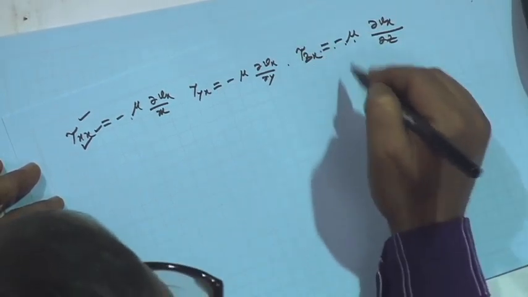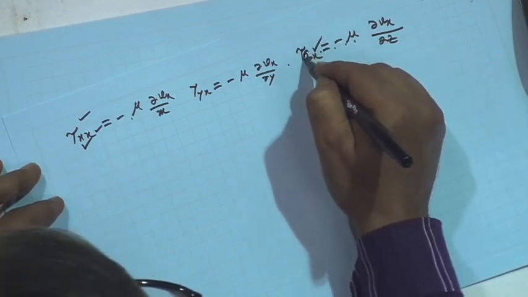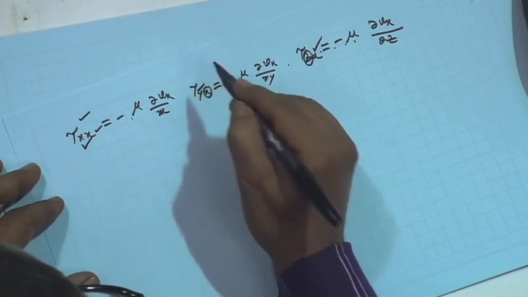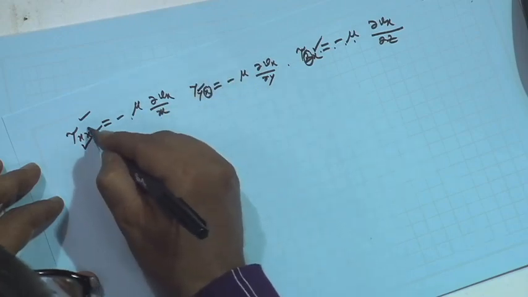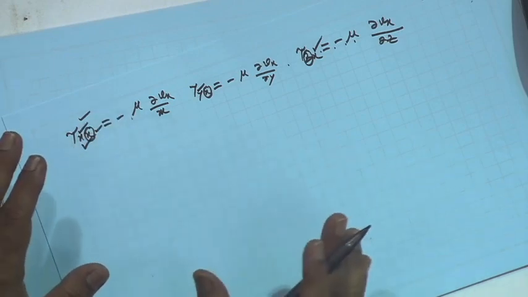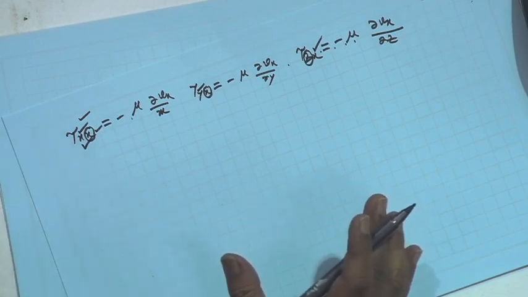So, this is for the velocity component, this is for the direction; this is for the velocity component, this is for the direction. If we keep in mind this simple thing, then we will be able to expand all these tau terms, the shear stress terms, in terms of V.